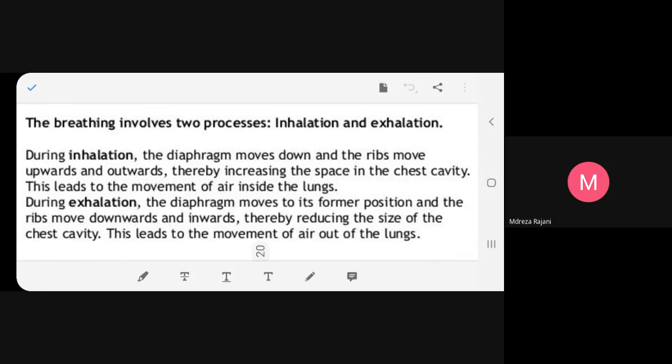What do you say, beta? If there was no diaphragm, do you think it would have happened? No. So that is very important. The diaphragm is very important for the movement of the lungs.